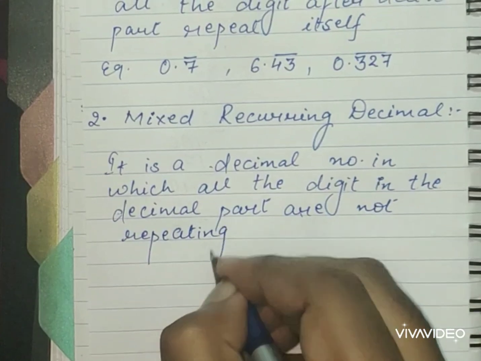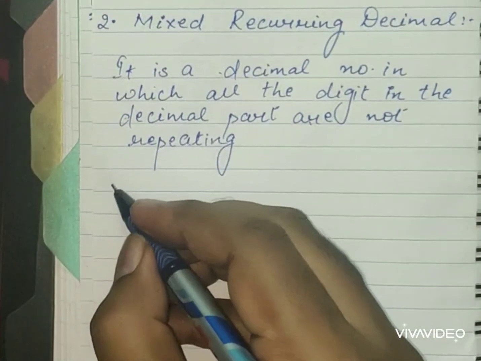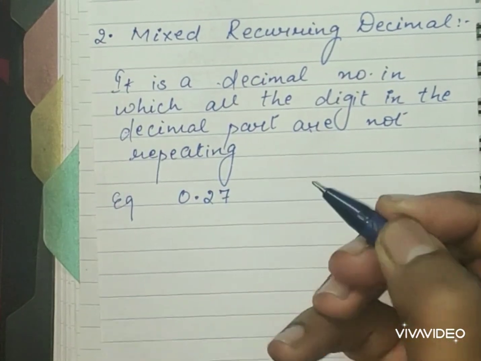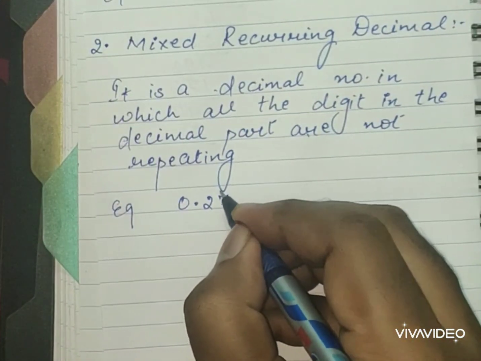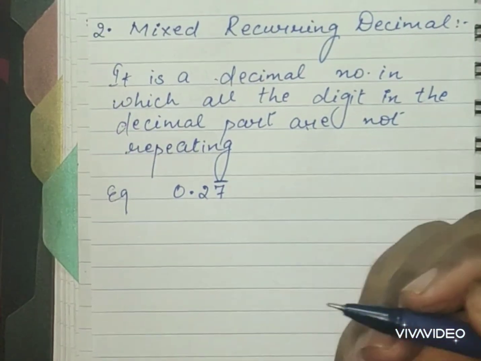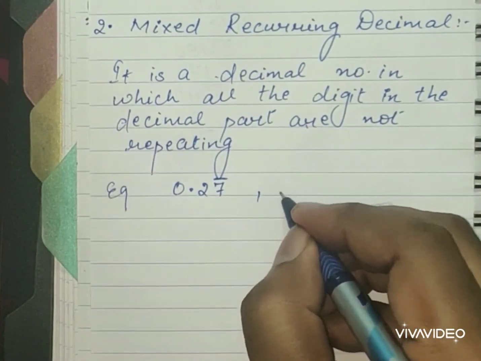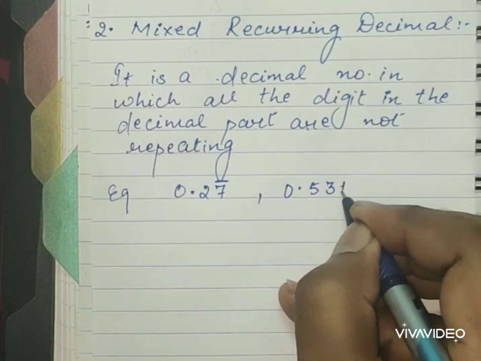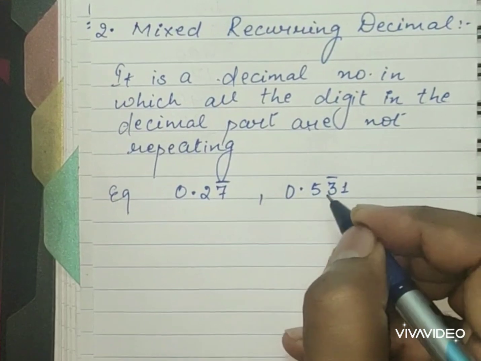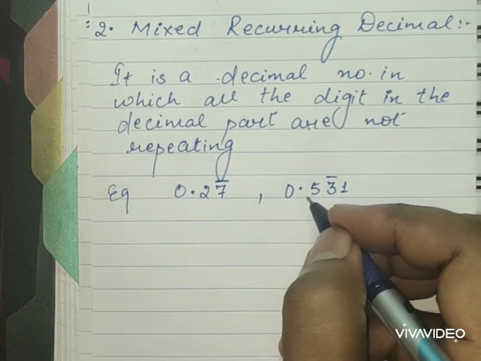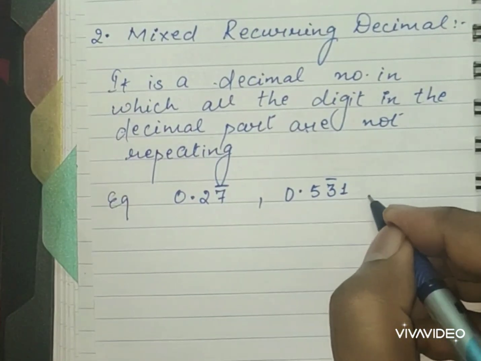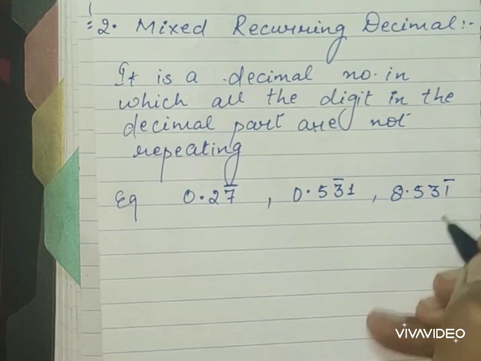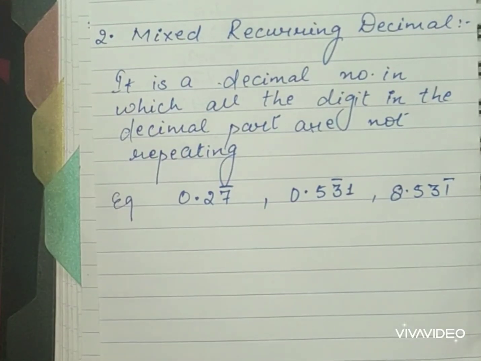Clear? Example, suppose 0.27 is written, so here 7 is repeating and 2 is not repeating. Or we can say 0.531, here 3 is repeating and the rest of the 2 digits are not repeating. Or we can say 8.531, here 1 is repeating and 53 is not repeating.